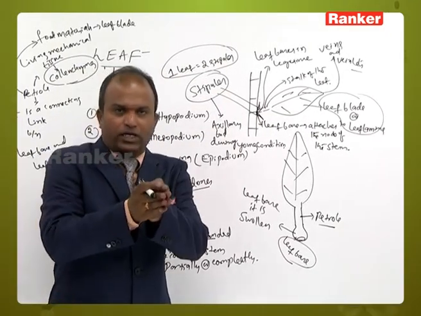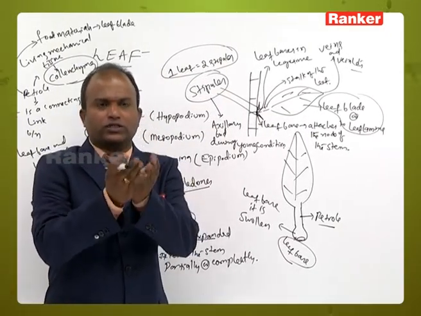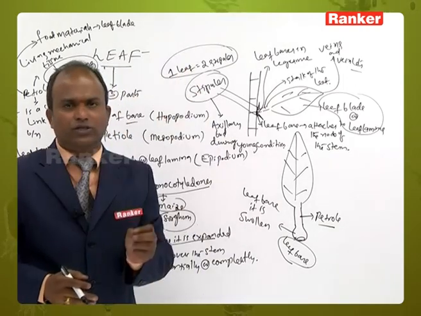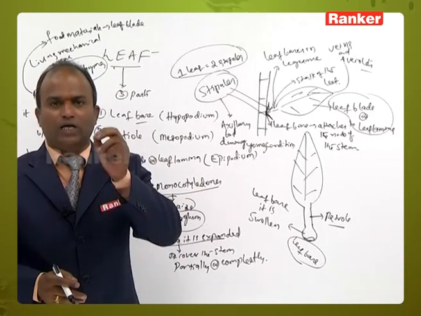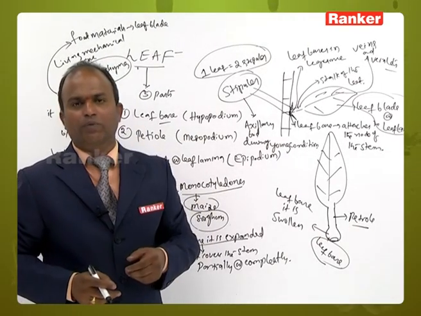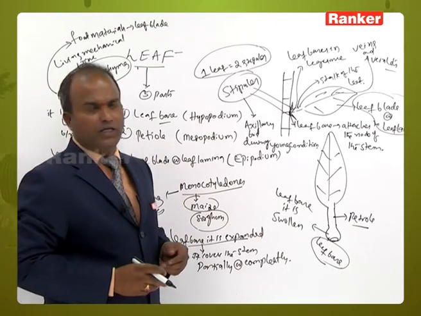It is not present in a closed position; it is completely expanded, so it can receive a sufficient amount of sunlight and perform photosynthesis, due to which it can prepare its own food materials.